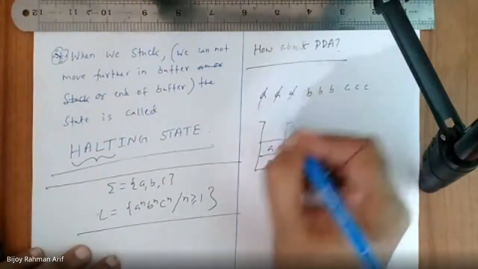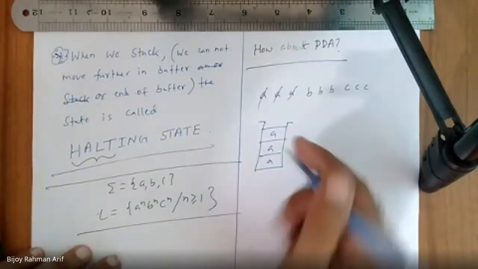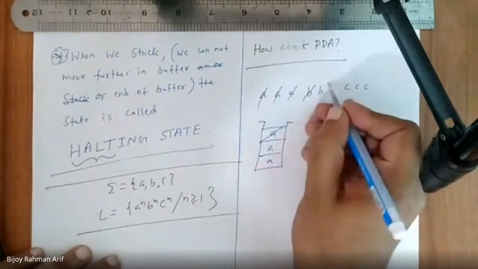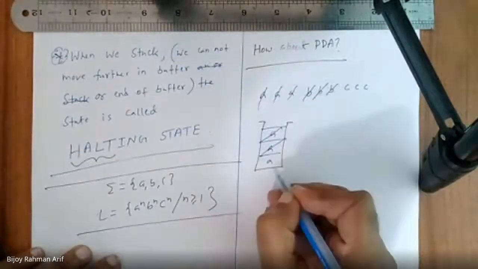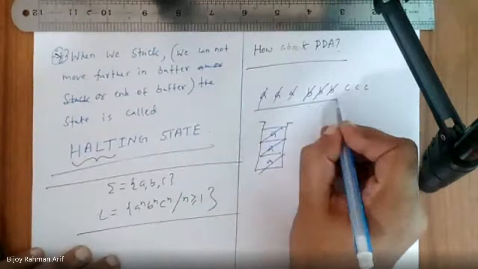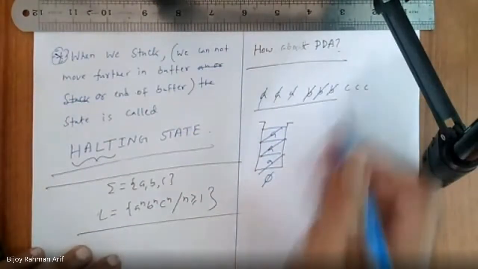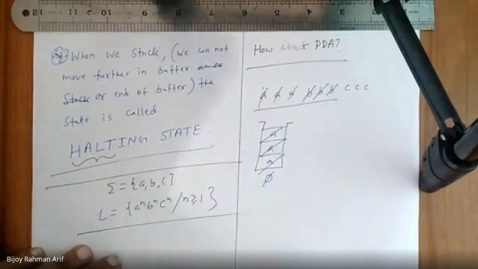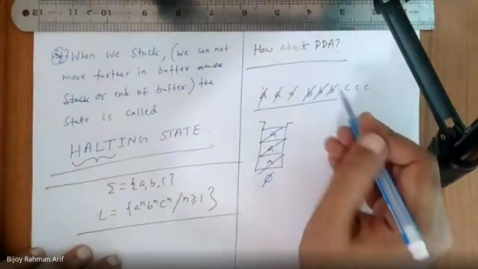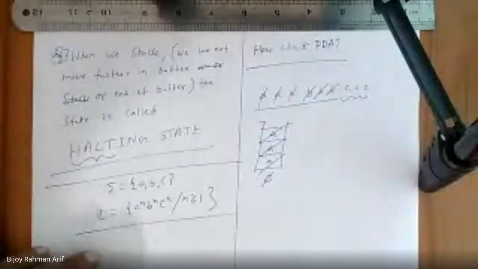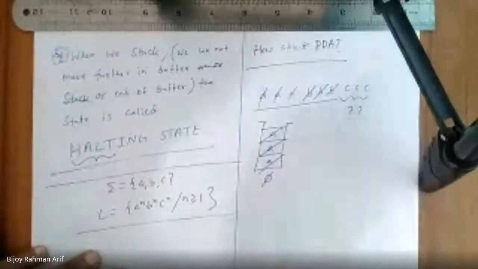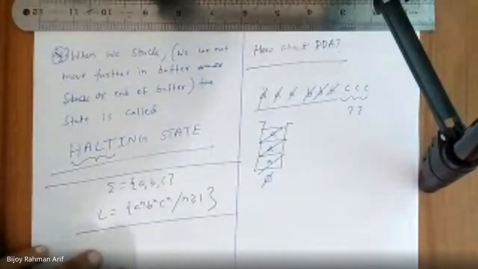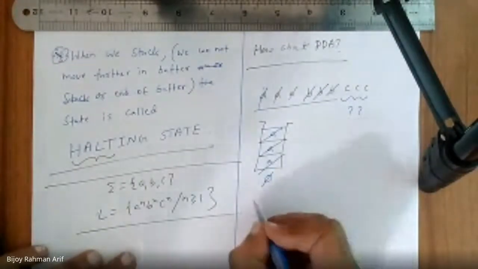A, push. Then I get B, pop. B, pop. B, pop. Yes, I know that there is an equal number of A and B. The stack is empty now. You don't have any information about A or B, so how can you accept the equal number of C? Big question mark. Because you lost everything. So using PDA it is not possible.